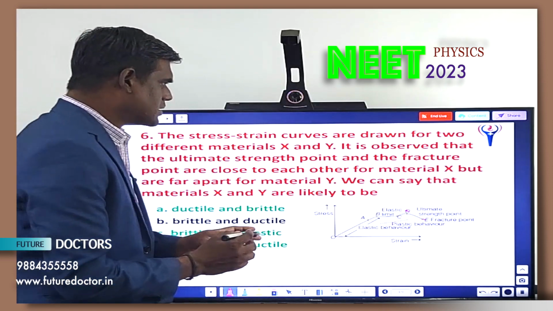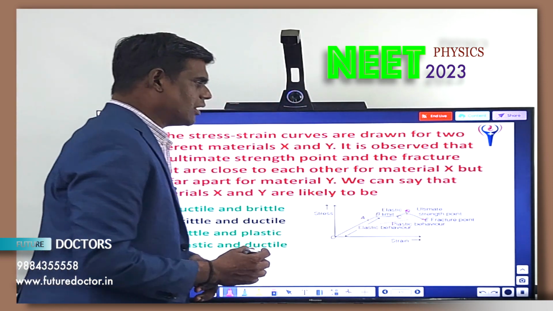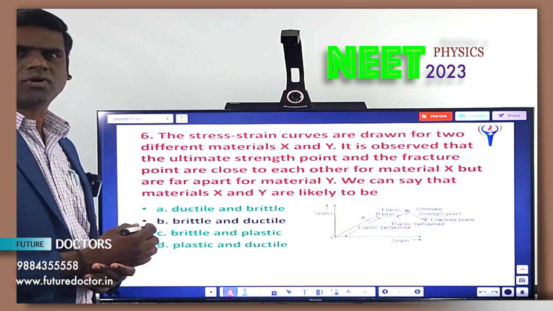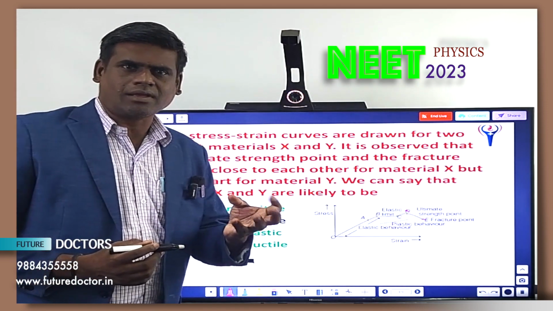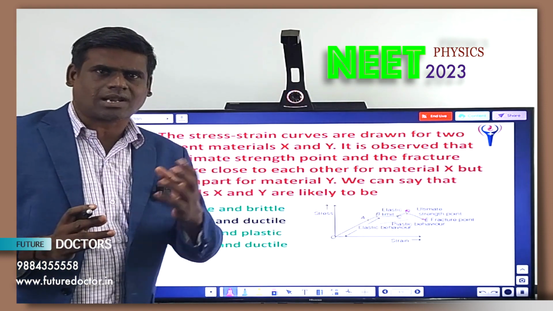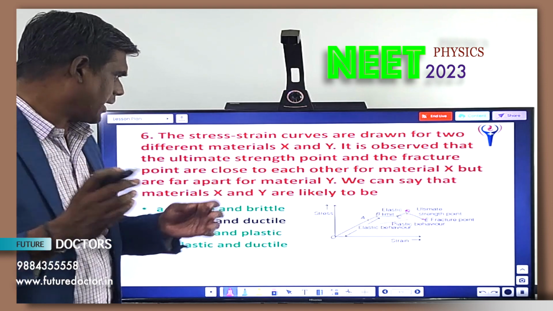If the distance between D and E is small, then that material is brittle in nature. What is brittle? By applying force, it will be broken into pieces, just like glass. Glasses are brittle in nature.